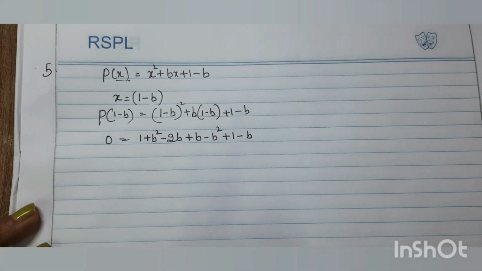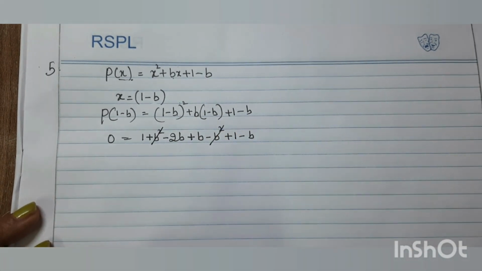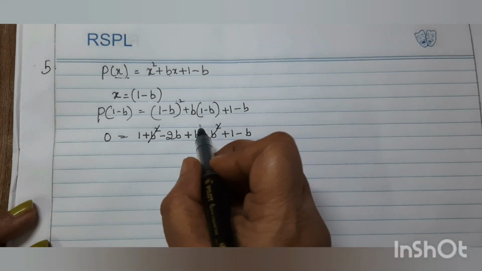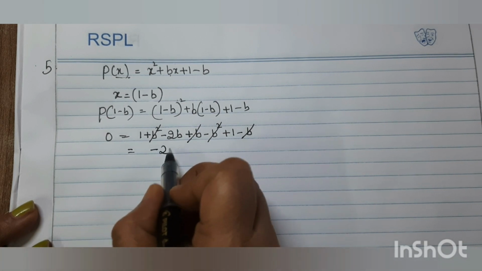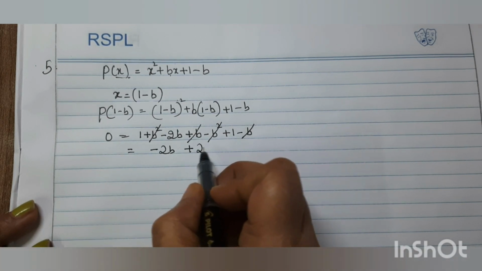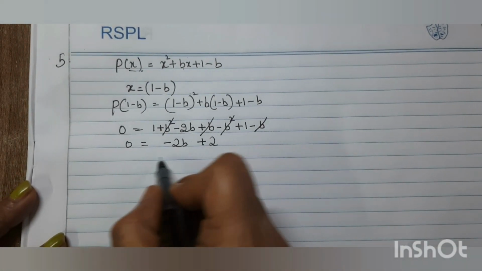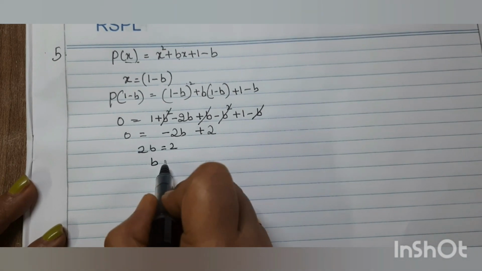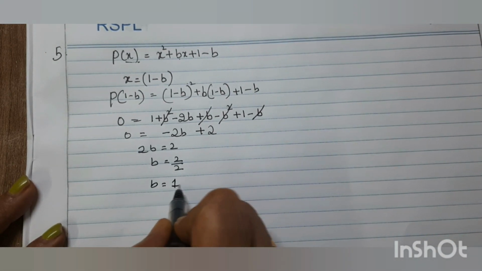Since it is a root, it will be 0. b square minus b square cancel, plus b minus b cancel. So here remaining is 2b plus 2 equal to 0. So we get 2b equal to 2, b equal to 2 by 2, b equal to 1.